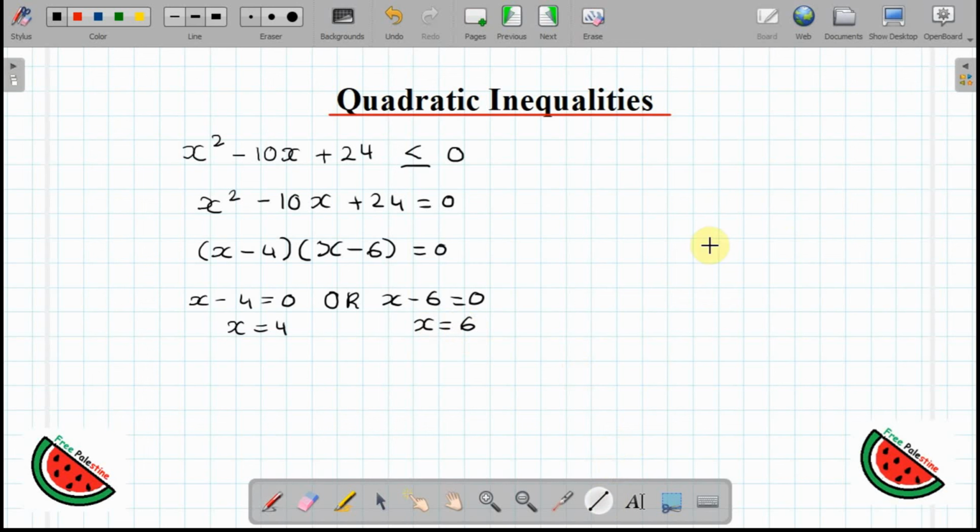And then I am going to draw a sketch. So this time that's a little bit wonky. Let's fix that. That's better. I'm going to sketch my quadratic graph. This time both my solutions are to the right of the y-axis.